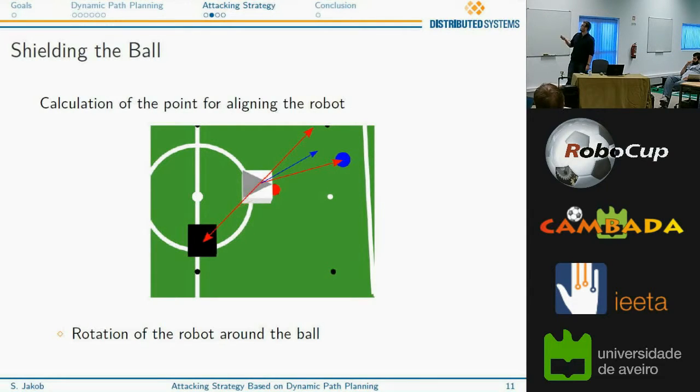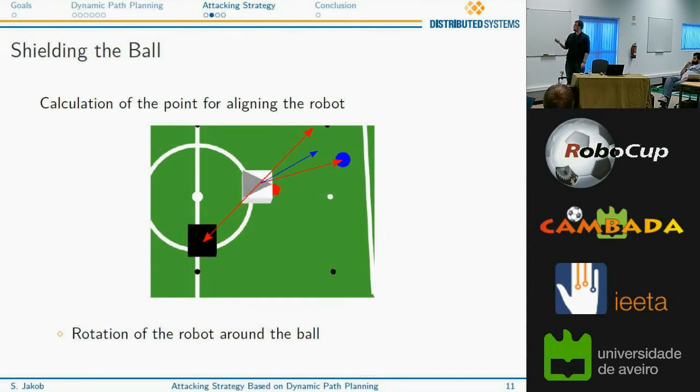The second part will be the vector between the own robot and the target point, and the alignment point is a weighted sum of both of them. So if we dribble to a specific point and always keep aligned to this point, we shield the ball from the enemy, so the closest enemy can't see it at all.